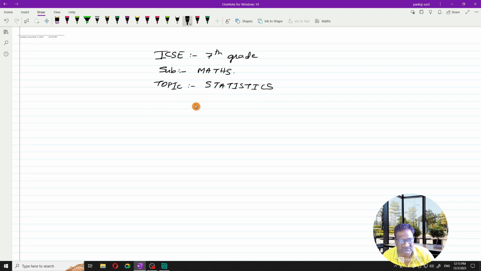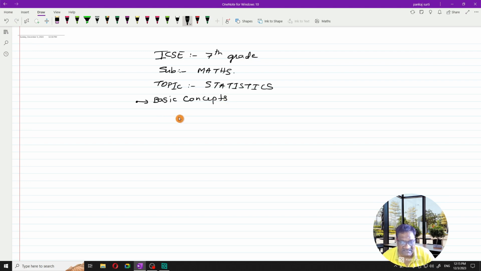To start with, in a nutshell, let me put it this way: what all things you are going to study. First of all, you are going to study something called the basic concepts of statistics. In these basic concepts you are going to study what is data, what are the different types of data, and how data can be presented.